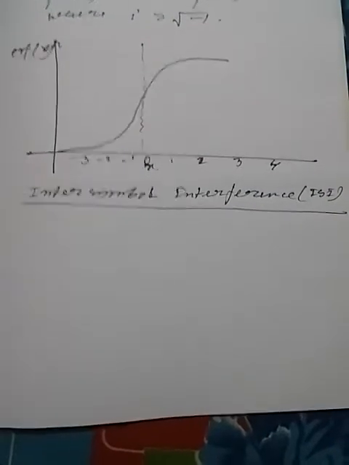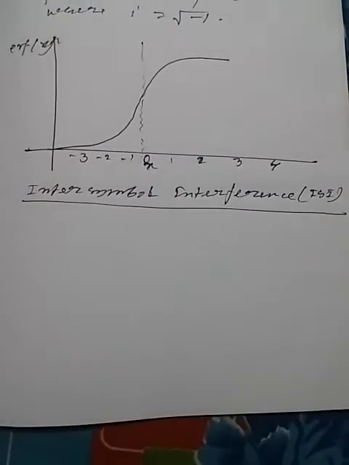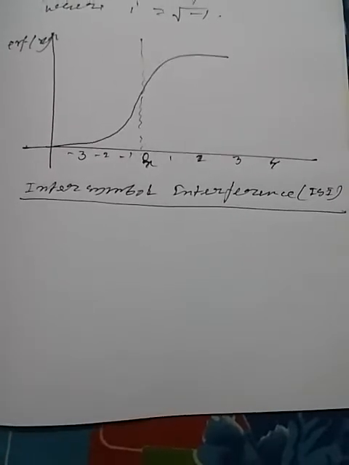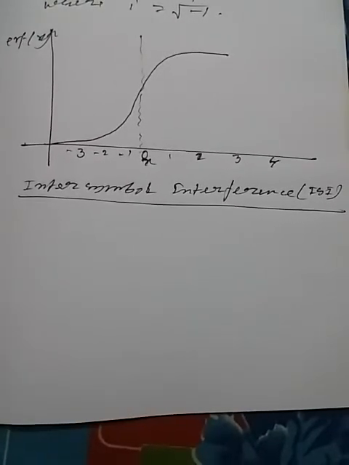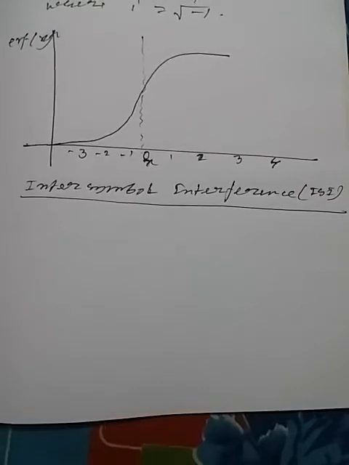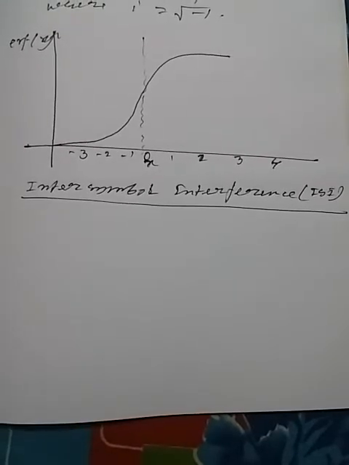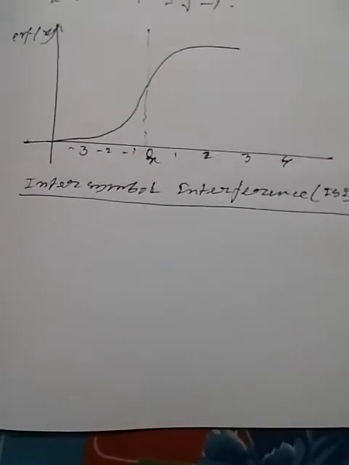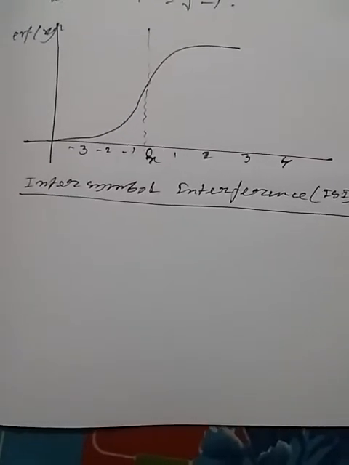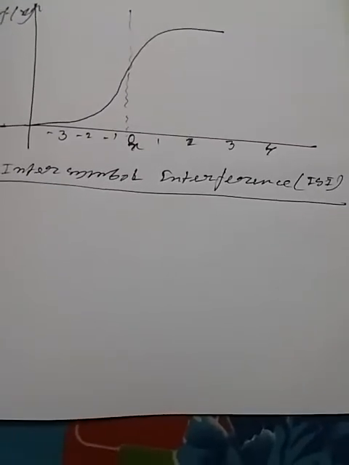Now from the term interference, what do we know about interference? Interference means when two signals are incorporated, then there is a mixture of both the signals, that is called interference.